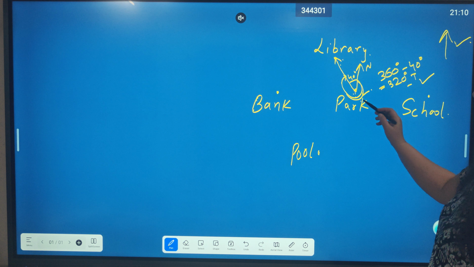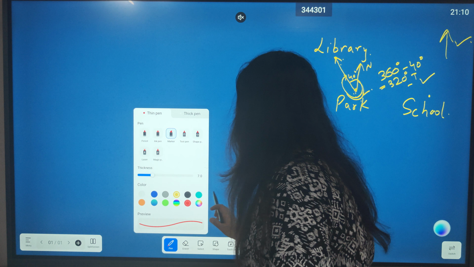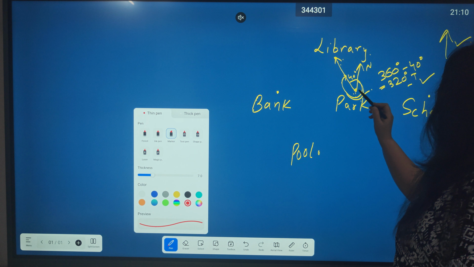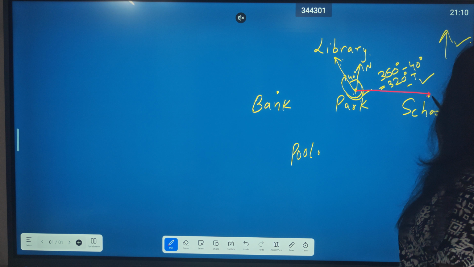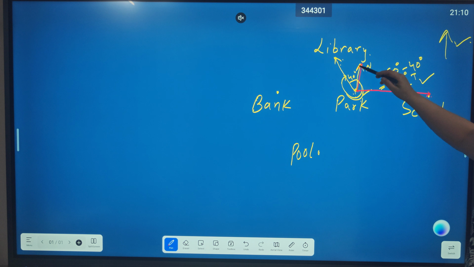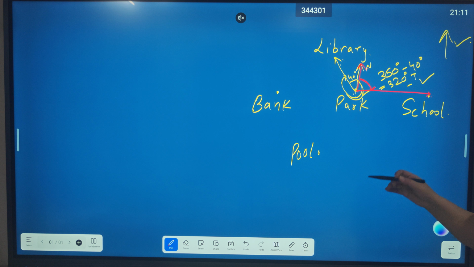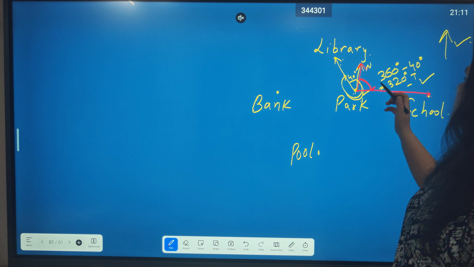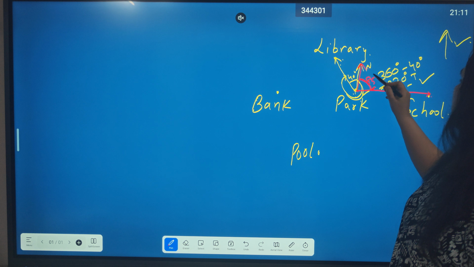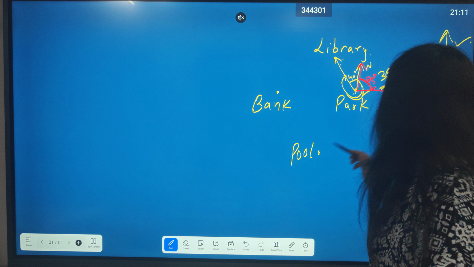If you want to find out the bearing from park to school, right? This is the school over here. So this is the north direction at the park. You will go in this direction over here. Suppose we can measure it with the compass also. Suppose this angle is 85 degrees almost, a little bit of tilt.